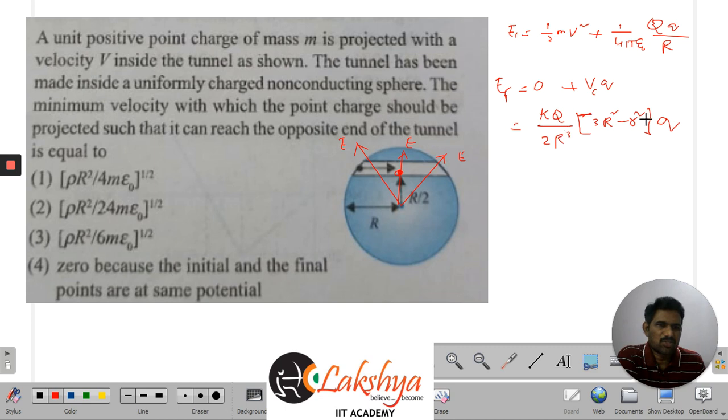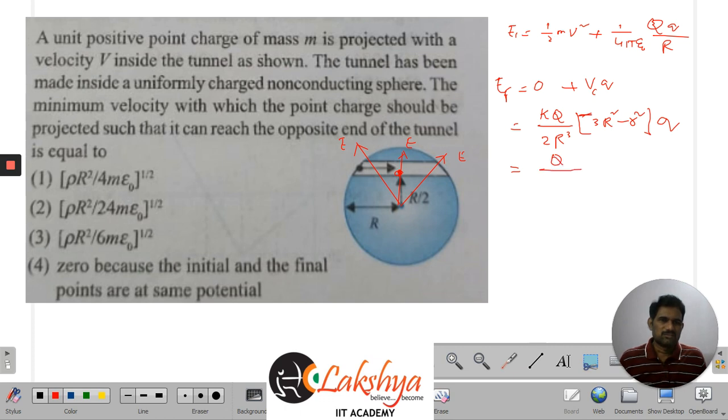This is the potential term, and we multiply the potential by the charge. The small r value is nothing but r by 2, so substitute this and equate the two energies.